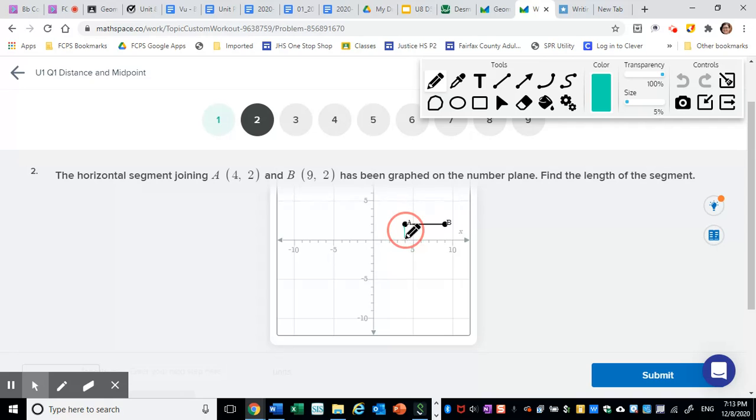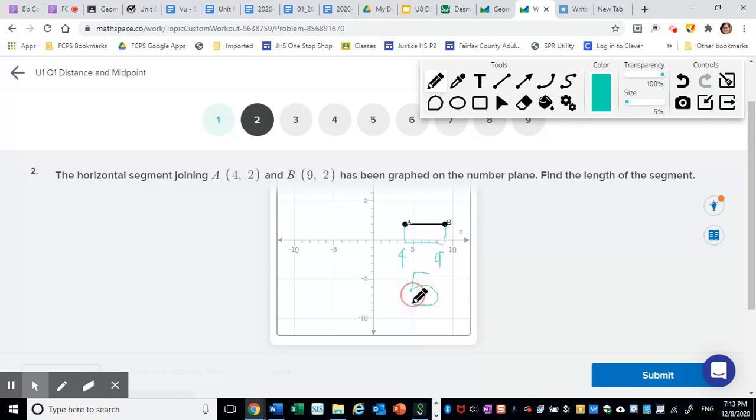You go down, that would be at 4, and then point B is at 9. So from 4 to 9, from here to here, is 1, 2, 3, 4, 5 units.